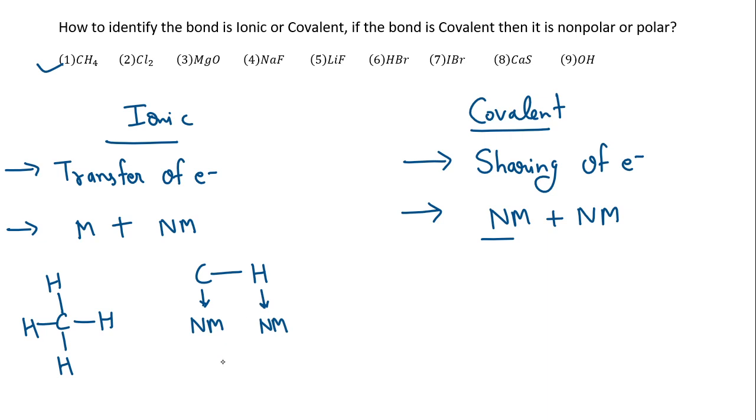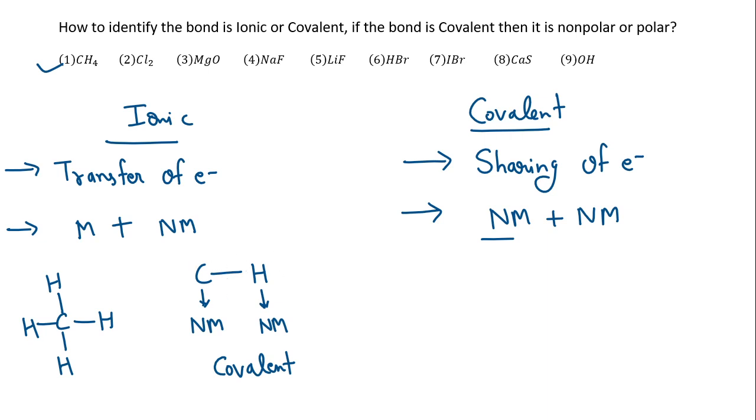So they combine and form covalent bond. Two nonmetals combine and form covalent bond. So the question is, is this a polar covalent bond or non-polar covalent bond? Now we need to look at the electronegative value for both atoms.